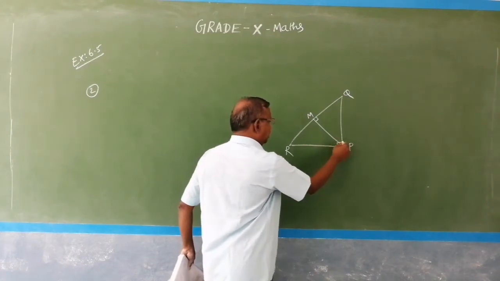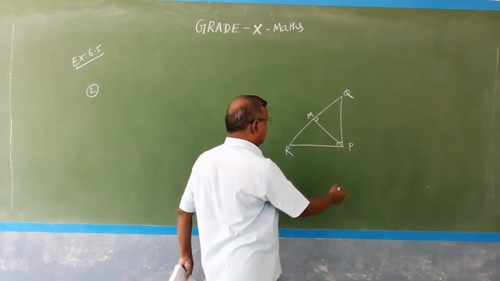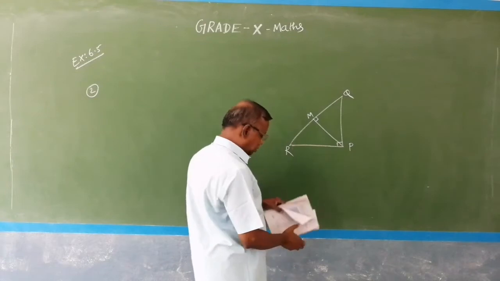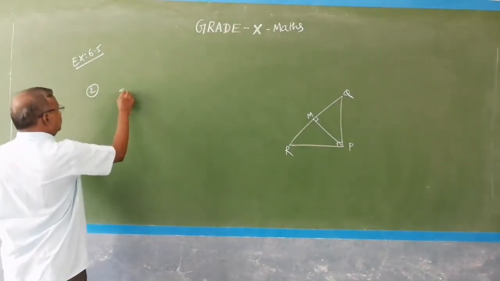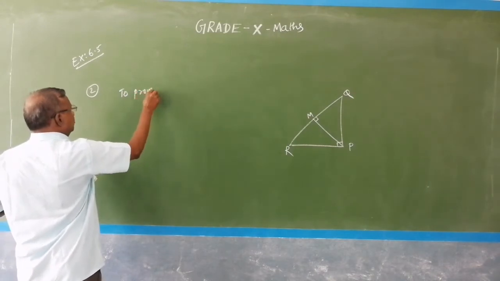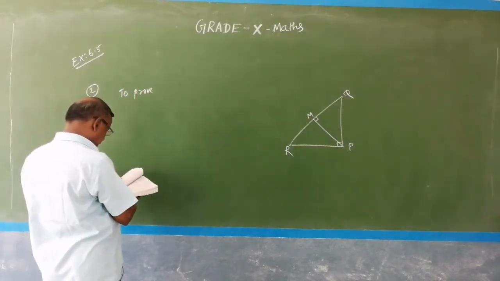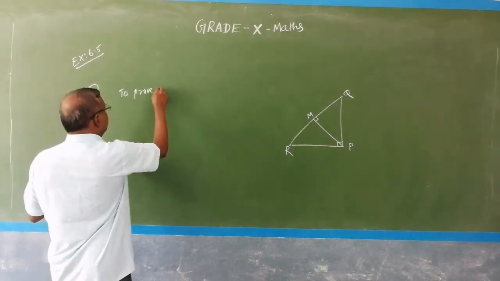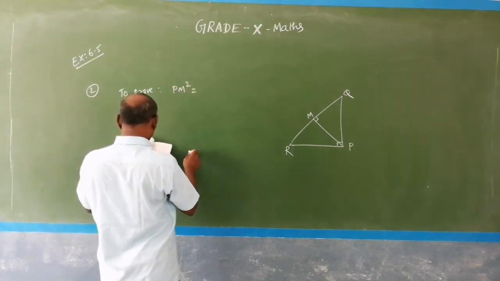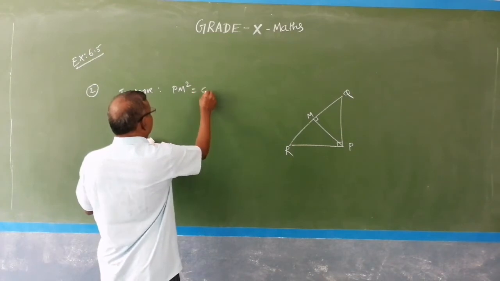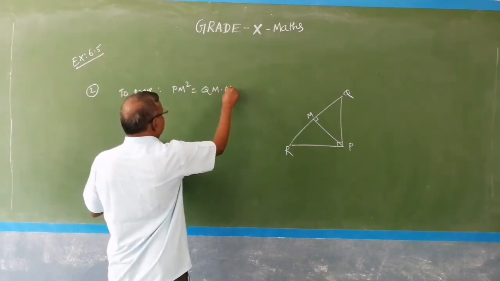Already angle P equals 90 degrees, and we have drawn PM perpendicular to QR. We have to prove PM square equals QM into MR.